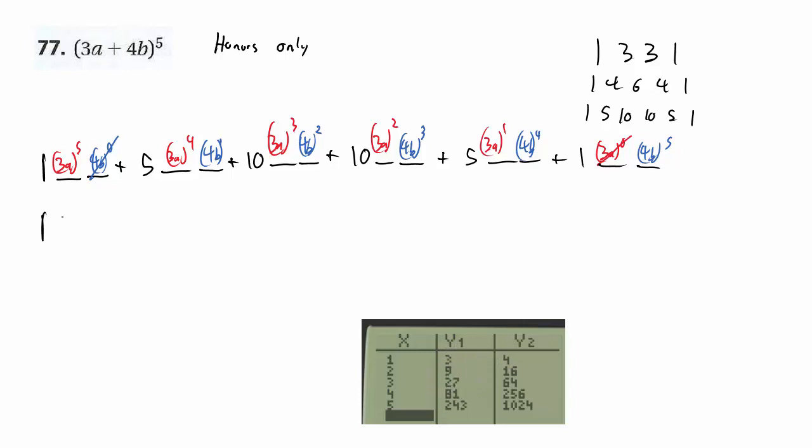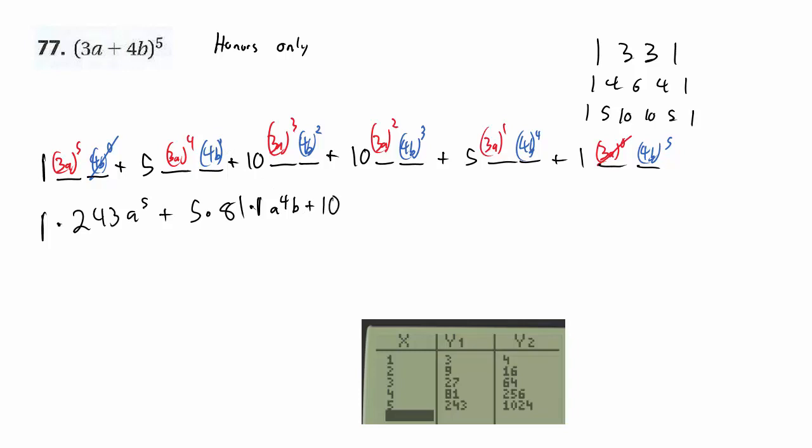So 3 to the fifth power is 243, and then the a is to the fifth. Plus, I'm going to have 5 times, now 3 to the fourth power is 81. That's this thing right here. And then 4 to the first power is obviously 1. Now the a is to the fourth. And then there's a b to the first, so I'm just going to write b.